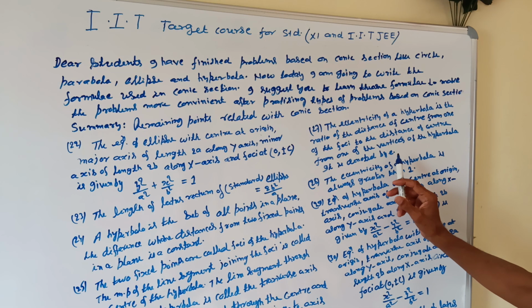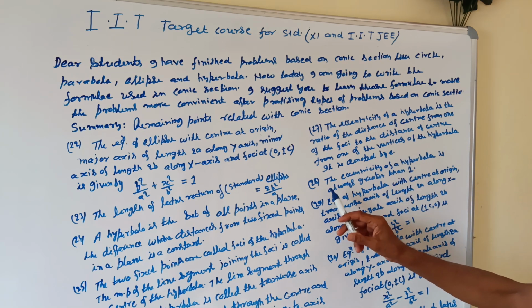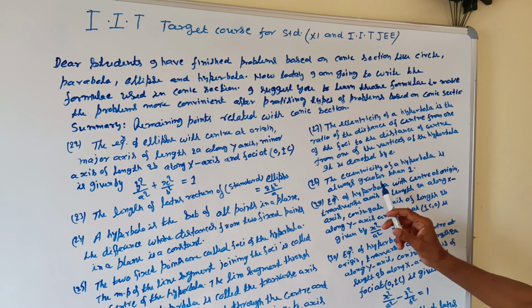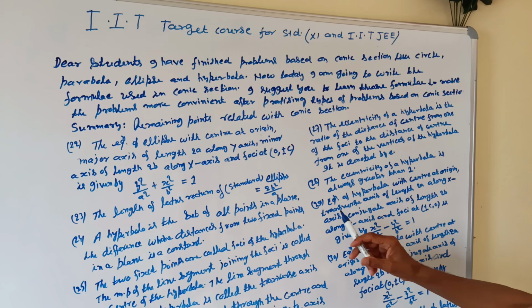It is denoted by e. 28: The eccentricity of a hyperbola is always greater than 1.